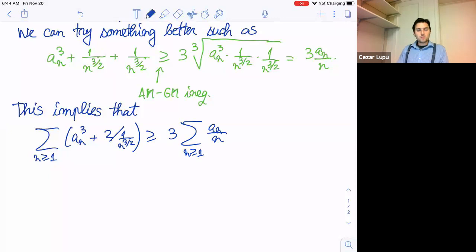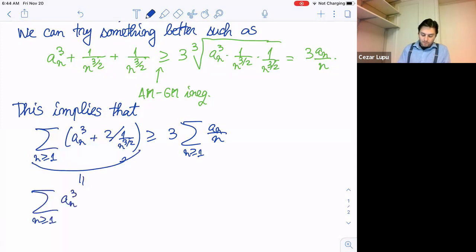So you see this series on the left hand side dominates the series on the right hand side. So if we show that this is convergent, then we're done. But this guy here is nothing else than just the sum of a_n cubed plus 2 times the sum of 1 over n to the power 3 halves.